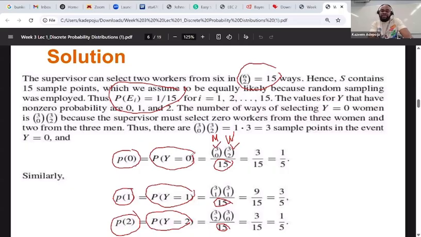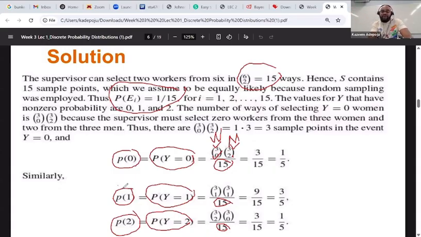Sorry, that should be the other way around, it should be women first: women, men. If I choose zero from women, automatically I will be choosing the other two from men. That is what this is saying.